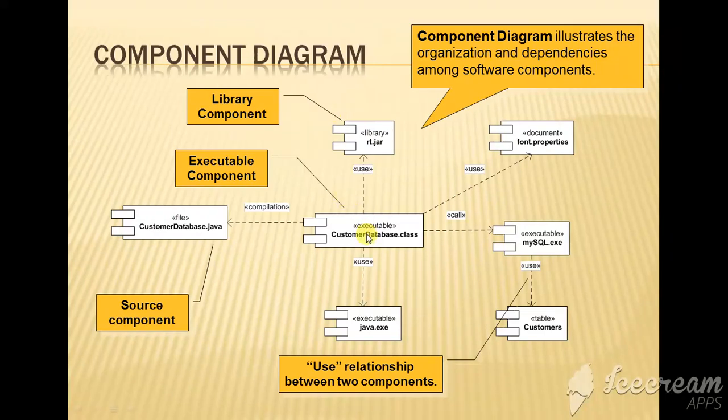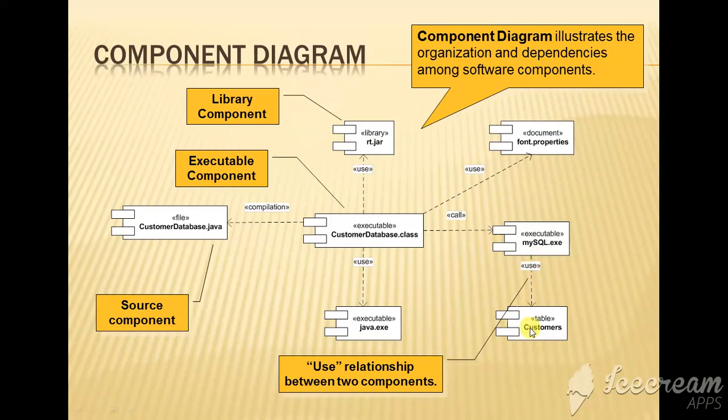The classes have to include the jar files, and the customer database is also dependent upon the documents put in by the programmer, and it also depends upon MySQL, because it has to withdraw the databases with the help of MySQL.